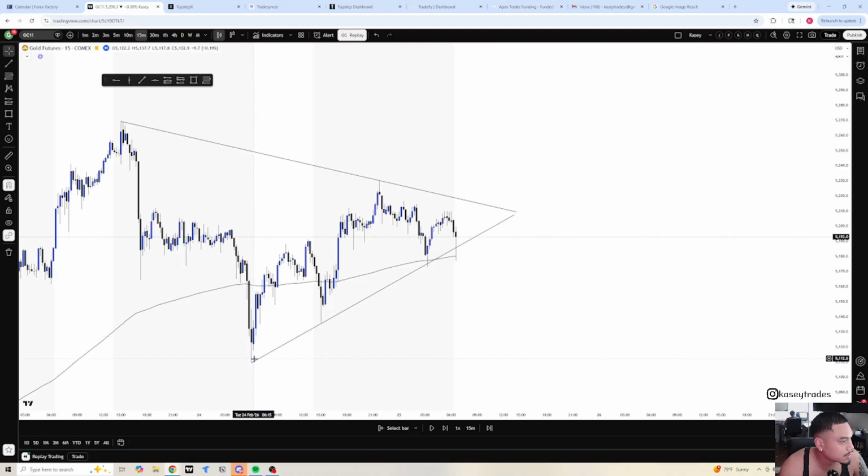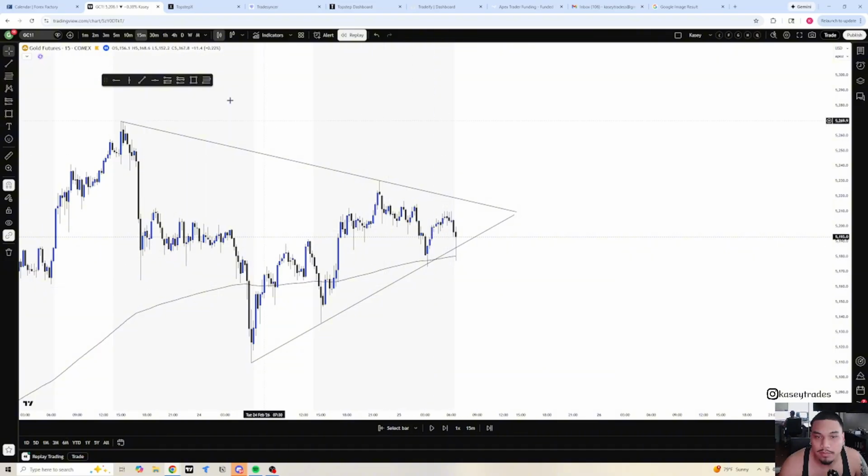You can see right here, this is the start of this impulse move up, came back down, tapped the trend line, came up, tapped it again, came back up, and tapped it again. So I'm like, okay, this trend line is a strong area of support, a strong area of rejection. Every time that it came down to this trend line right here, it had some type of rejection reaction. So after seeing that, I'm like, okay, we're having good rejections off of the 200 EMA and the trend line.